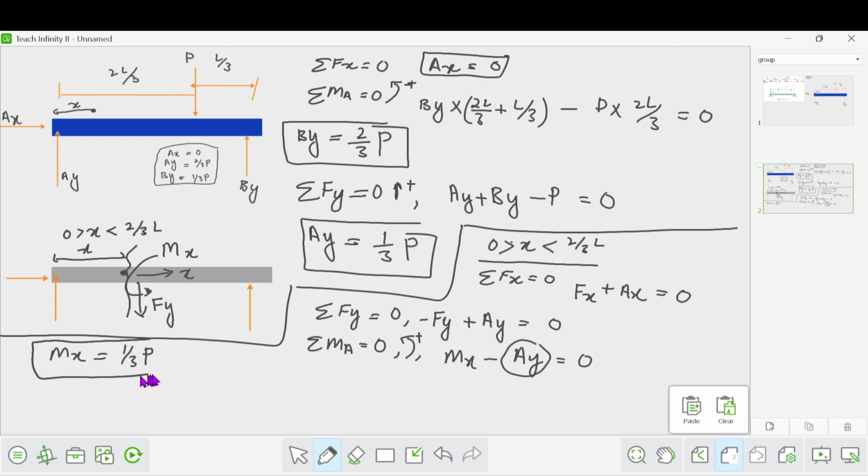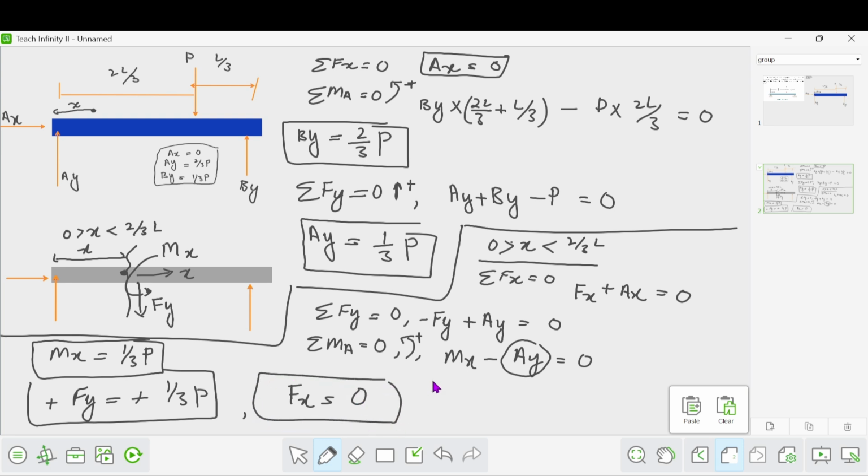So this is the Mx value, and Fy, the force in the y direction, will equal 1 divided by 3 P. This is also 1 divided by 3 P, and Fx will become equal to Ax, which is 0. So Fx is 0. Our wanted region x equal to 1 divided by 2 L is located in the first section of the beam.